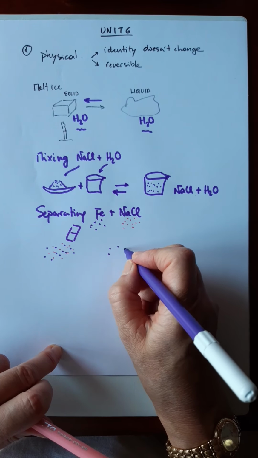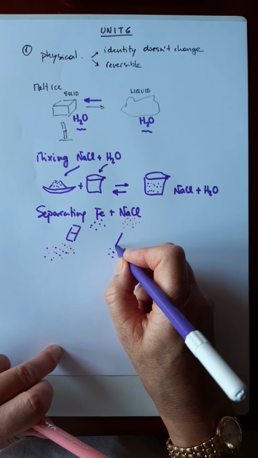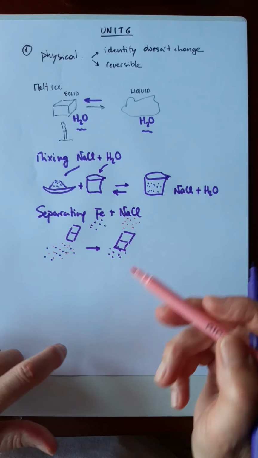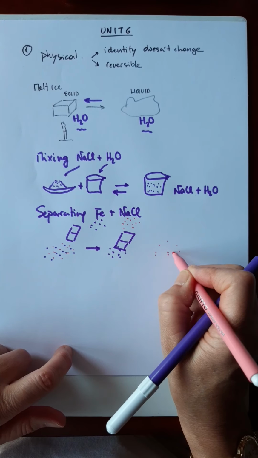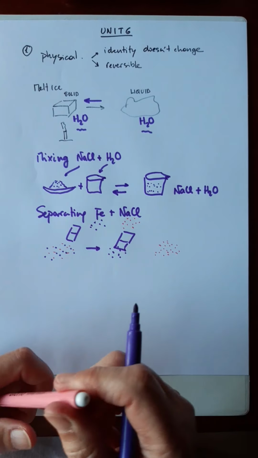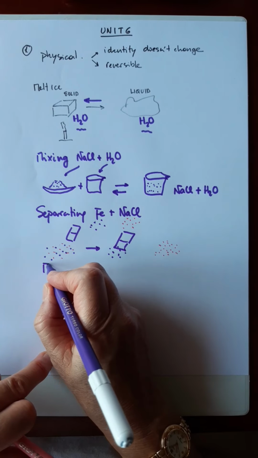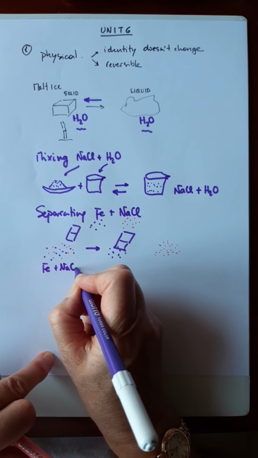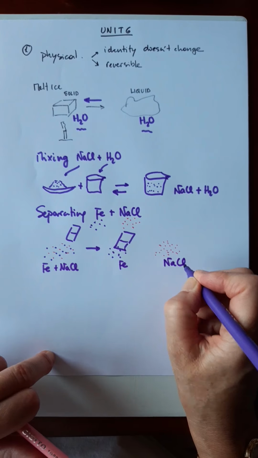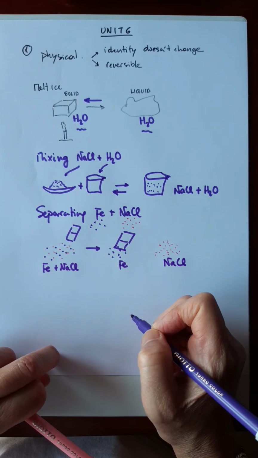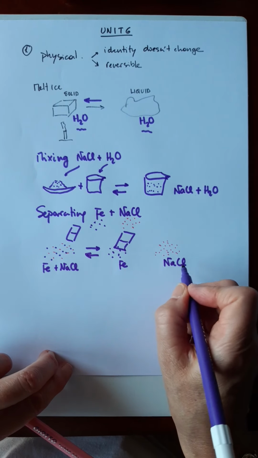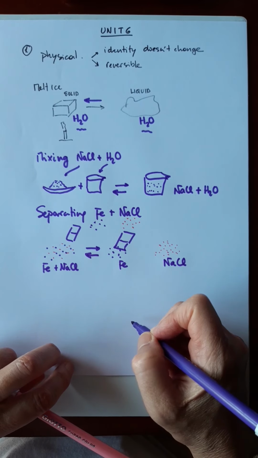Then I have all the iron fillings stuck in the magnet and then the salt alone. But the substances haven't changed. The formula of these substances is the same in the beginning and in the end. And I can go backwards because I can mix again iron fillings and salt.